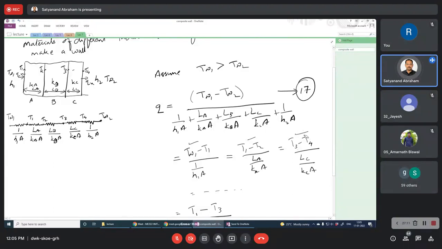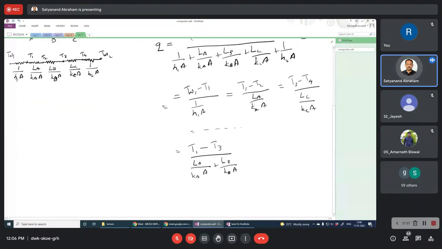Likewise you can use various equations or various potentials, and calculate the temperatures at different sections. That's how we can make use of this thermal resistance for our calculations.